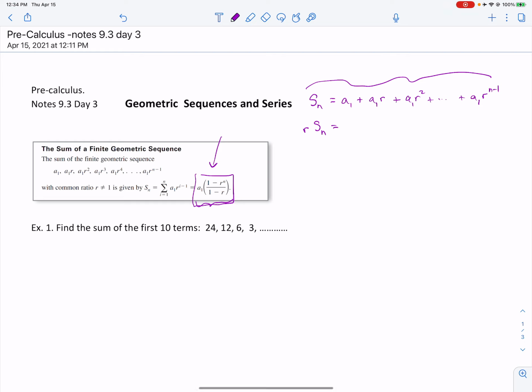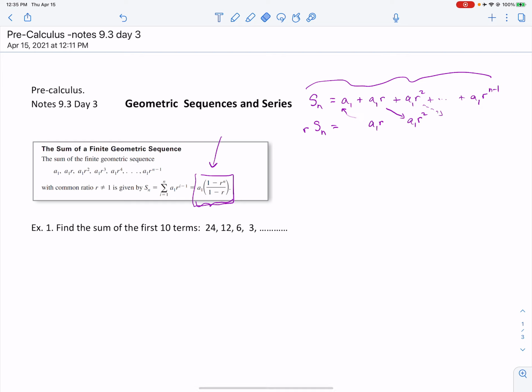And when I take this term times r, I'm going to line it up so it is underneath its same term from the top line. When I take a sub 1 and multiply by r, I get a sub 1 r squared. The next one would be a sub 1 r cubed.